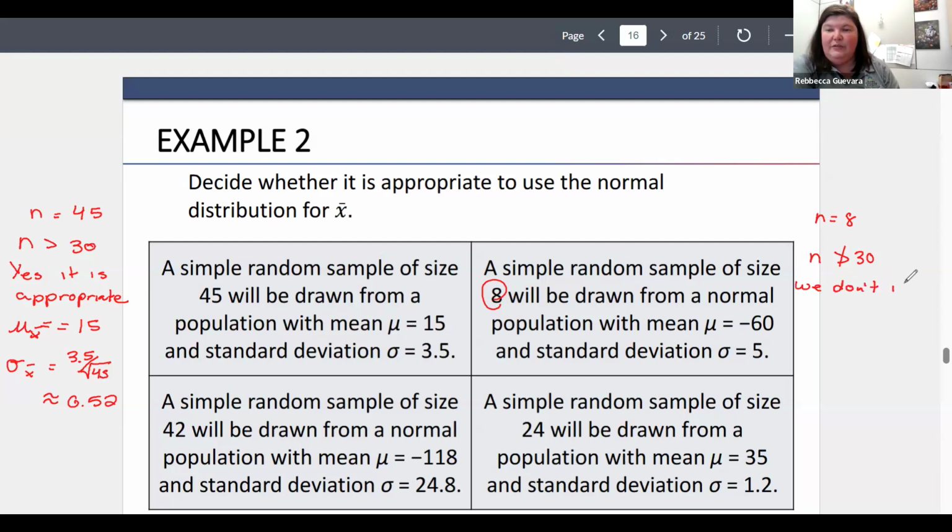We don't know if the parent population is normal. So these are my problems. So we'd say, no, not appropriate. It is not appropriate to use the normal distribution of X bars to represent this.